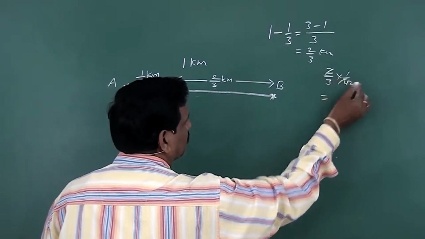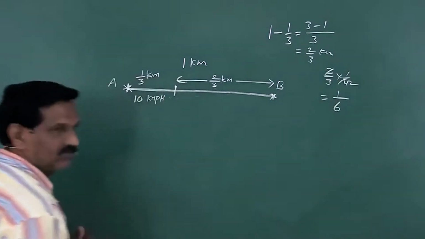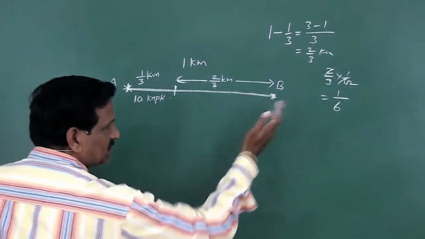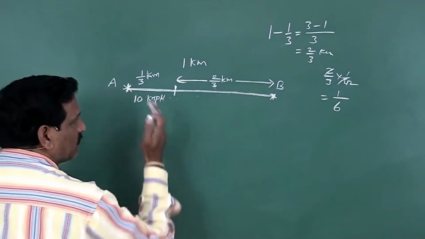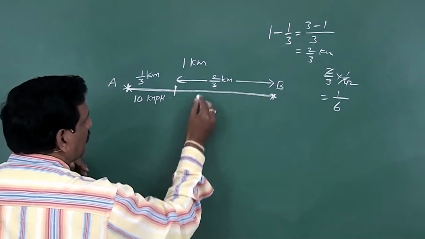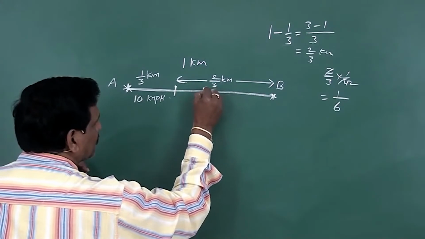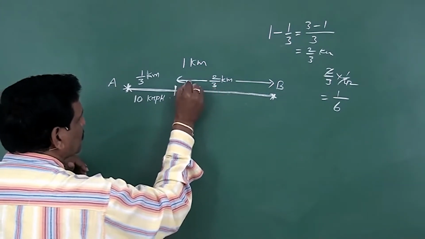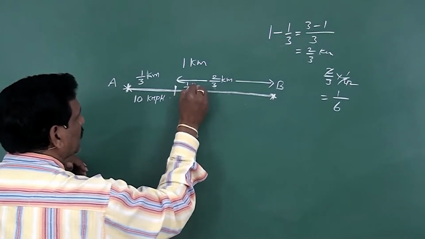This is 1/6. So you have to take 1/6 of total distance. 1/6 means around this value. Say this value. So this is 1/6 kilometer.